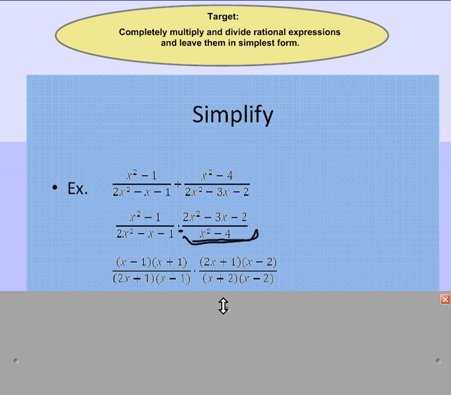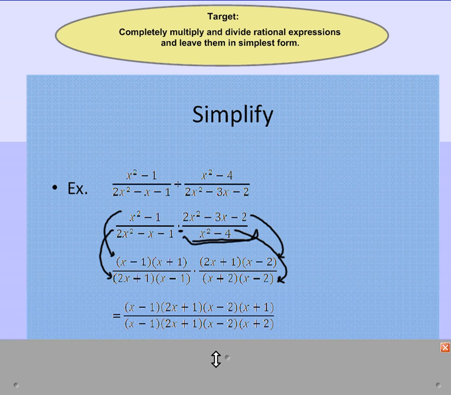The x squared minus 1 factors into x minus 1 times x plus 1. The 2x squared minus x minus 1 factors into 2x plus 1, x minus 1. The 2x squared minus 3x minus 2 factors into 2x plus 1 and x minus 2. And then the x squared minus 4 factors into the difference of squares, x plus 2, x minus 2.